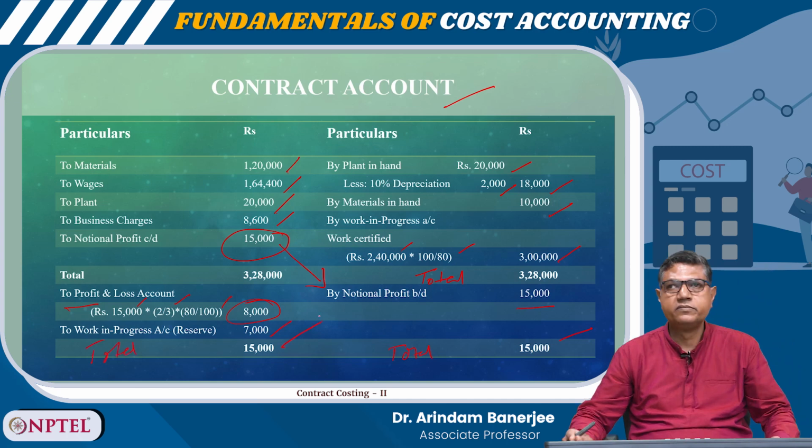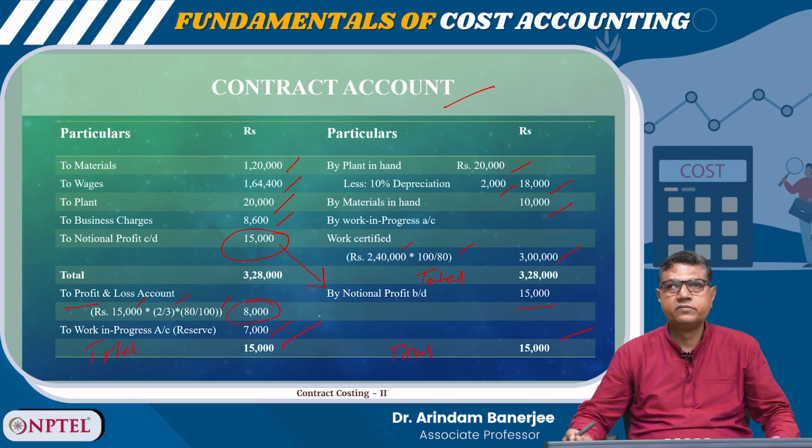Now, on the basis of this, we can calculate the amount which can be transferred to the profit and loss account. The profit to be taken to profit and loss account as on 31st March 2023 may be computed by any one of the following methods. The first method is estimated total profit into value of work certified divided by contract price.